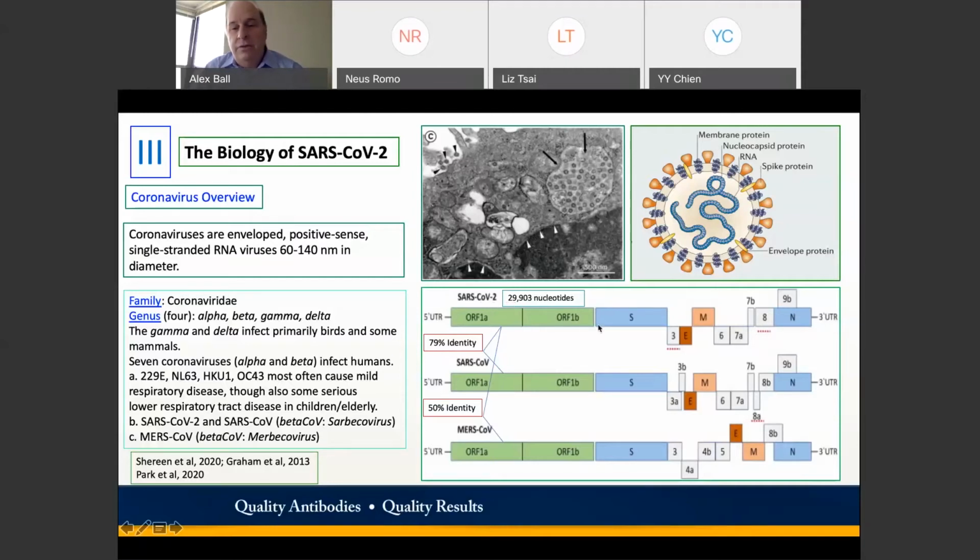I'll show you a more detailed version of the actual genomic structure. But what we can see, comparing among the 3 genomes of these 3 lethal coronaviruses, is there's 79% identity between SARS-CoV-2 and SARS-CoV, but only 50% between SARS-CoV and MERS-CoV.